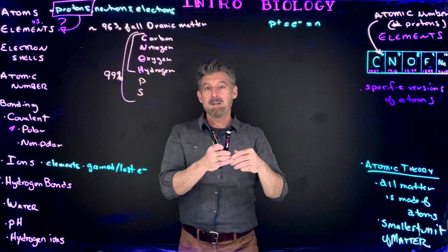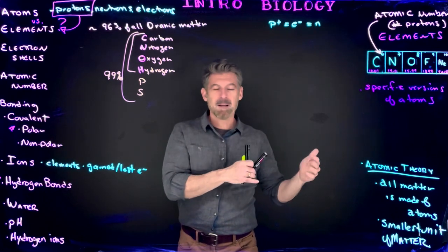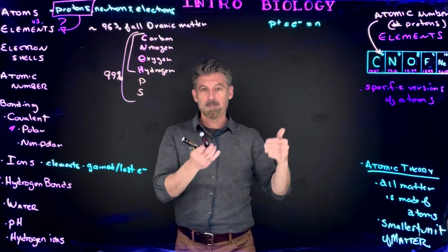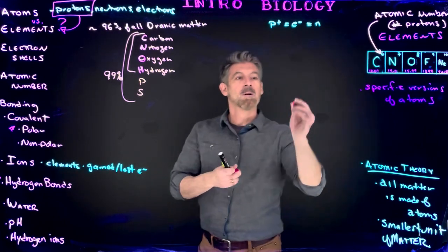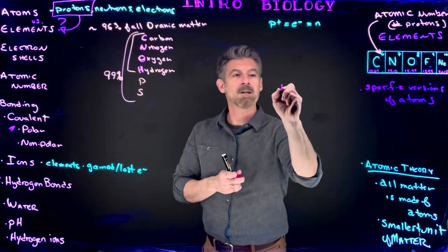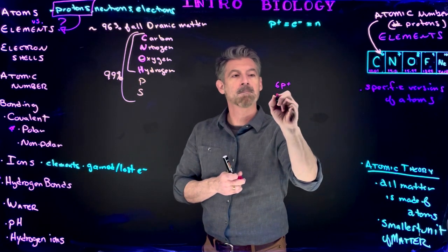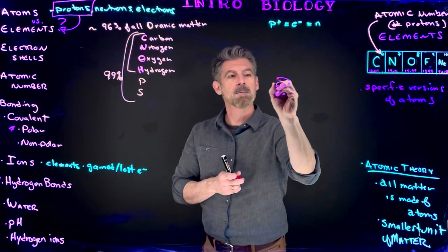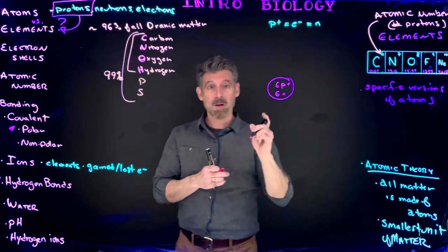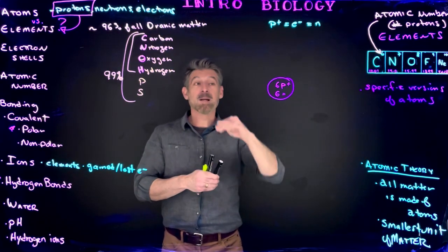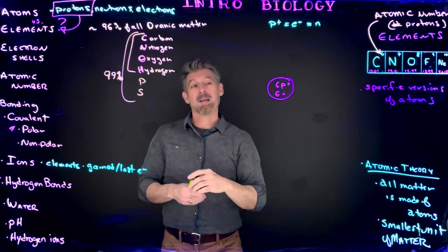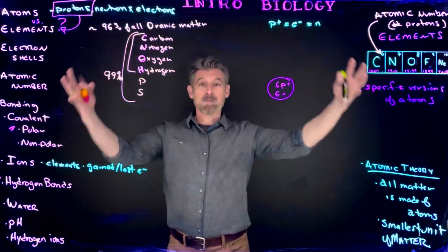So if I say what's in the nucleus of an atom and you said DNA, that's not right. No, it's the protons and the neutrons that are there. So the protons, let's just use carbon here as an example. There's 6 protons, 6 neutrons, and that's the nucleus or the core of a carbon atom. Now it's also going to have 6 electrons. The electrons then are outside.